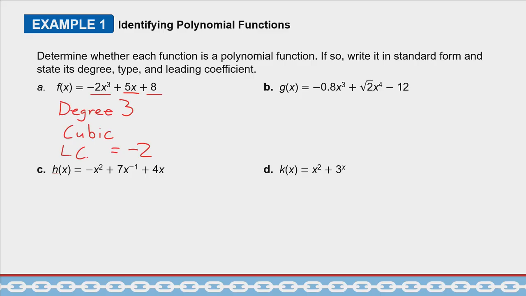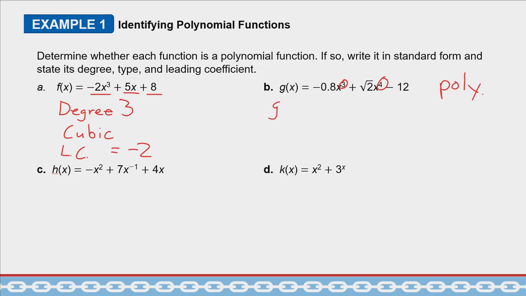Looking at example B here, negative 0.08x to the third plus square root of 2 x to the fourth minus 8. Is that a polynomial? Well, we look at the exponents. We have all positive exponents, so yes, this is a polynomial. So we're going to write it in standard form.